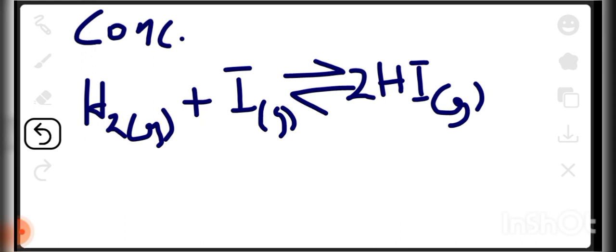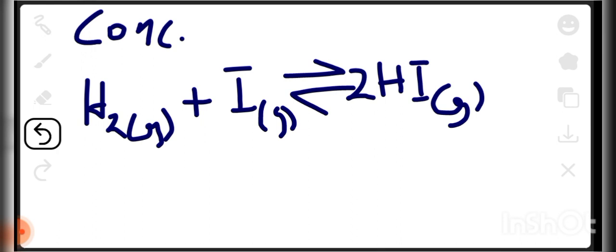So if you add hydrogen iodide, the equilibrium position will shift to the reactant, which is the left. Removing is another way to illustrate this.